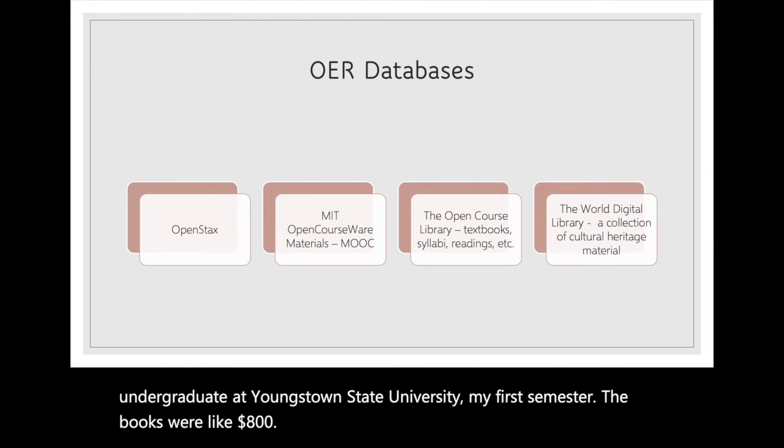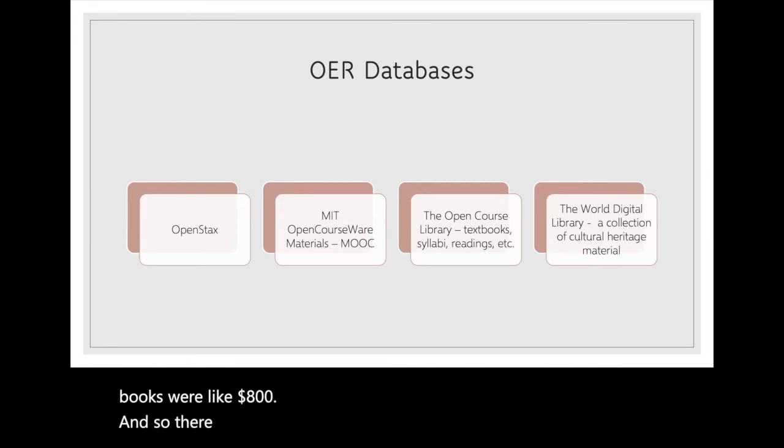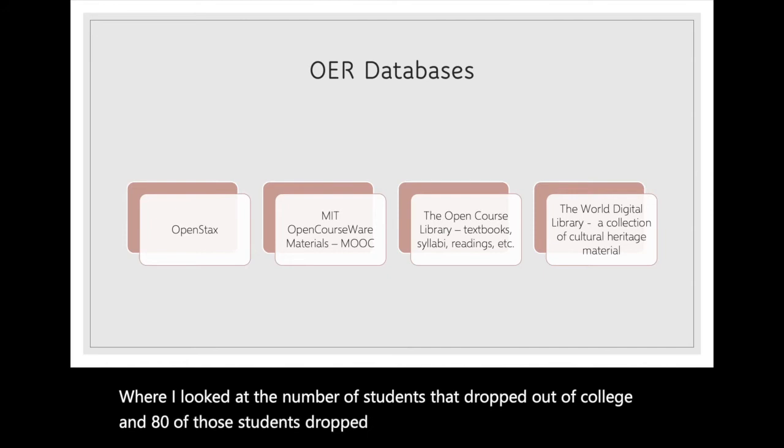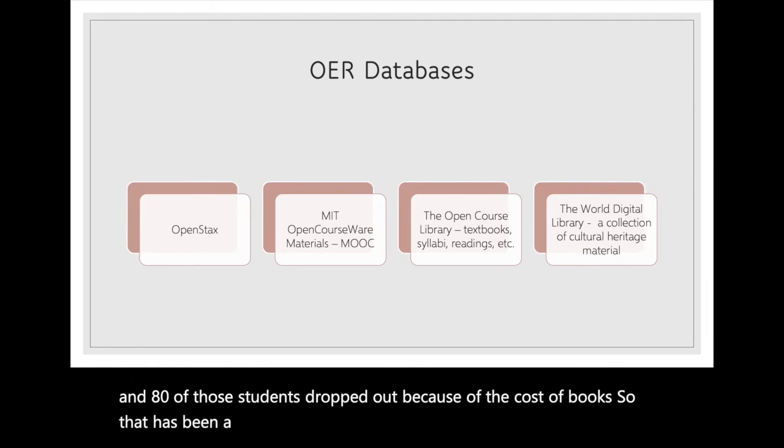And so there was a study I did, a research article back in 2014, where I looked at the number of students that dropped out of college, and 80% of those students dropped out because of the cost of books. So that has been a problem for quite some time.